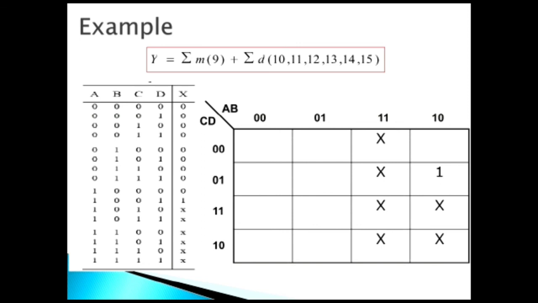We will place the min terms at proper location and the rest of the don't cares by mentioning cross as given in the figure. In this case, we will make a group like this or a pair like this, and this will give us the expression that is AD. So the solution of this problem is y is equal to AD.